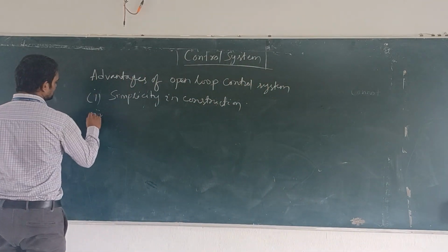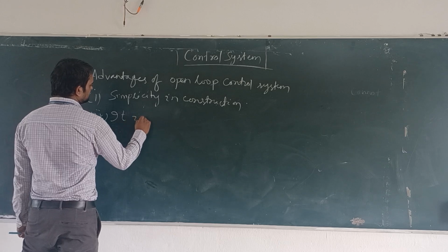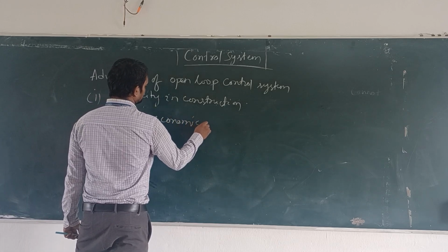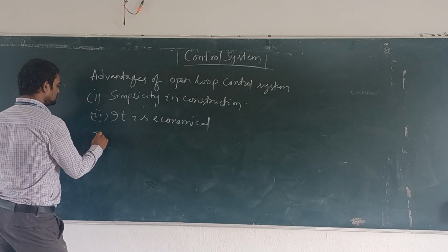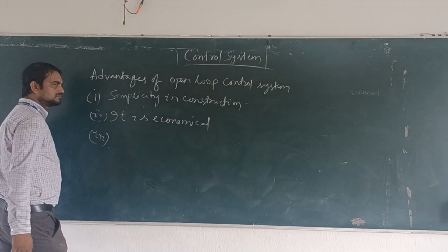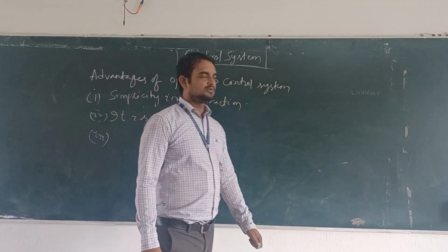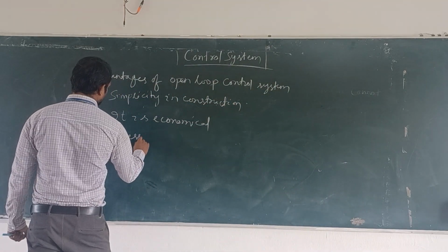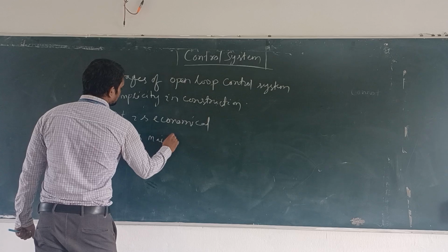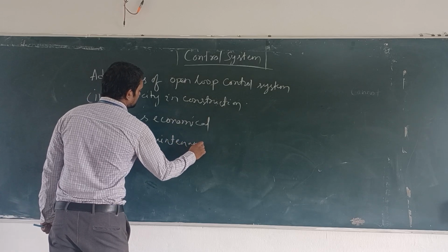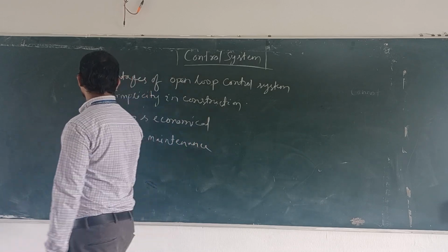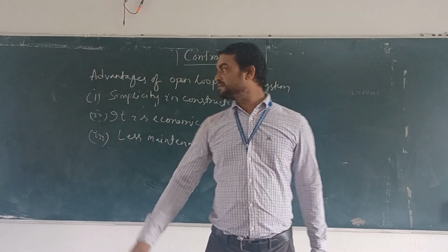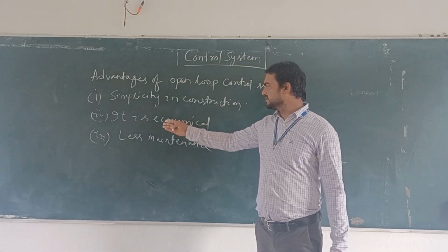Second one is that it is economical. And third one is less maintenance. So these are the advantages of open loop control system: simplicity in construction, and it is economical.